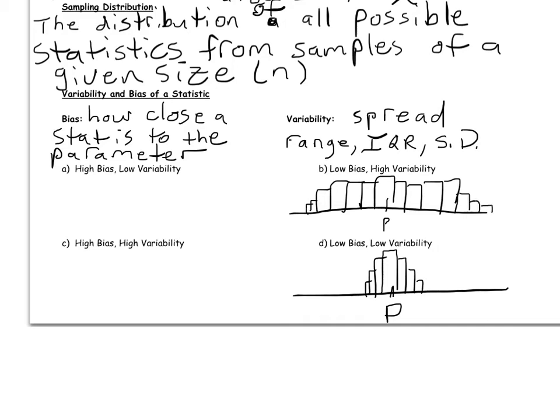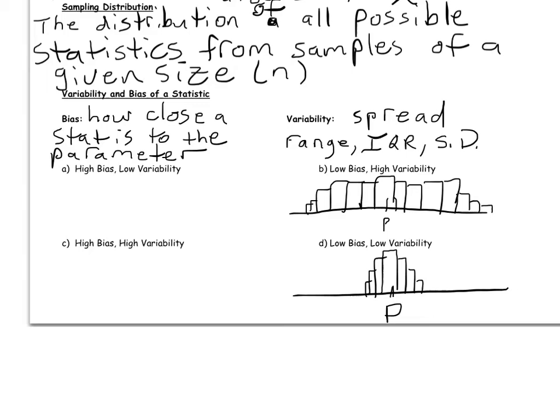There's my histogram. So notice the center of the histogram is still centered at P, but notice that the histogram is way more spread out than the one that I drew in part D. So it's highly variable. There's a lot of spread in the histogram. The histogram is still centered on the parameter that you're measuring.